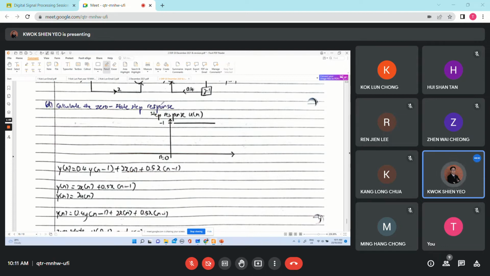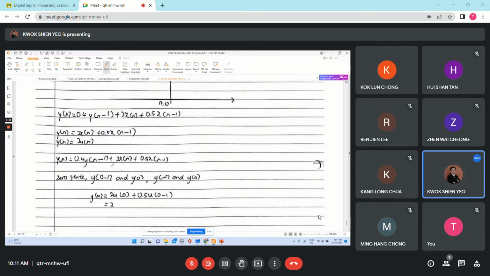Yeah, correct. So this is u(n). This means this is u(n), and then your sum of y(n-k), all these values are 0. Are you doing that? So this is initially relaxed. For step response, this one equals 0, and this one equals 1.